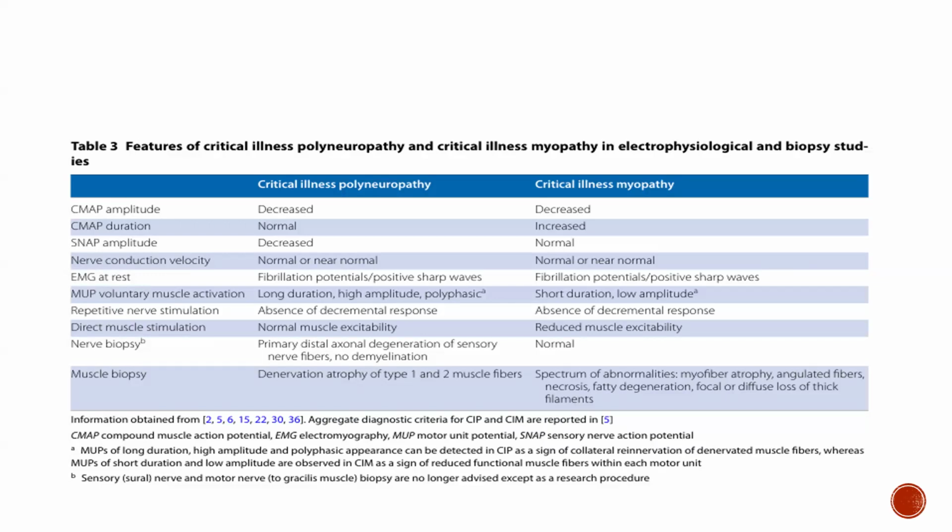Then MUP, that is motor unit potential of voluntary muscle activation, will be of long duration, high amplitude, and polyphasic in critical illness polyneuropathy, and short duration and low amplitude in critical illness myopathy.